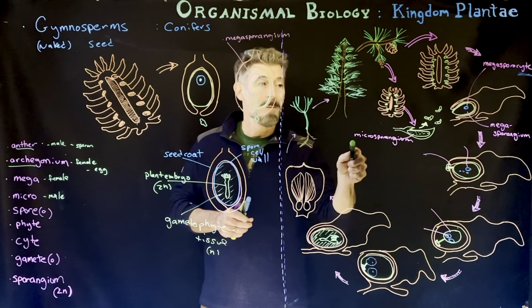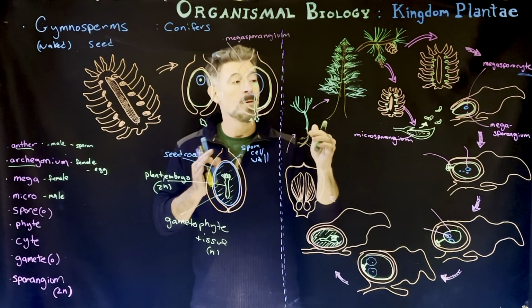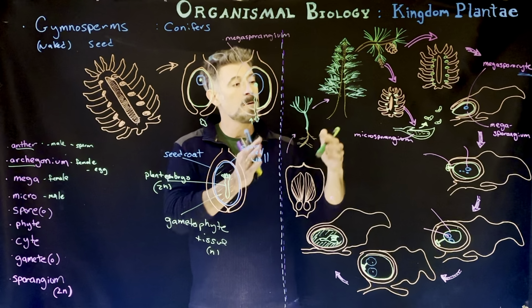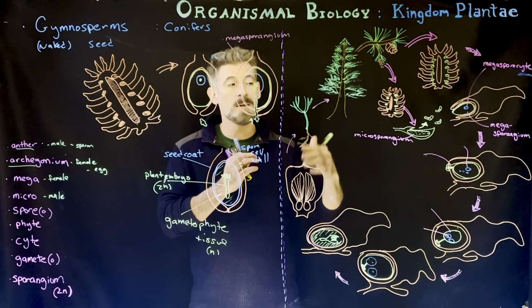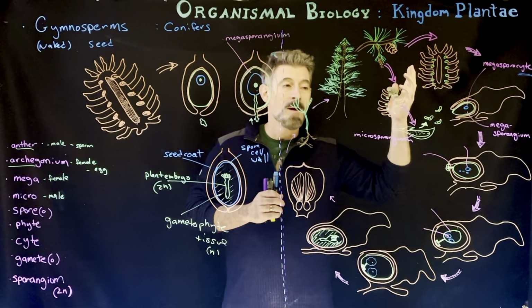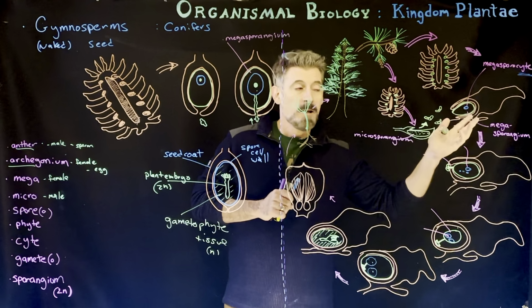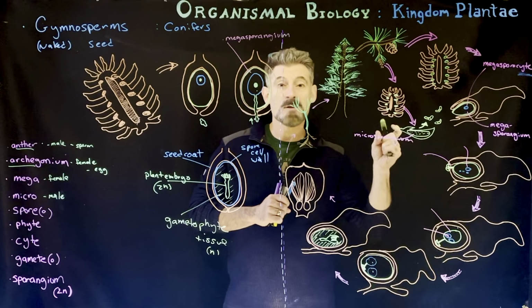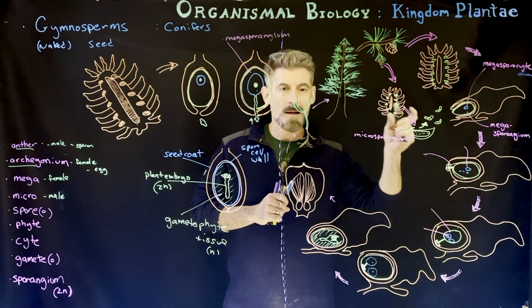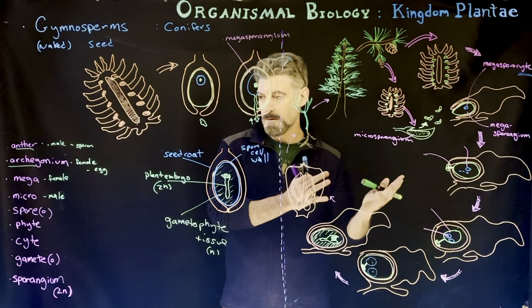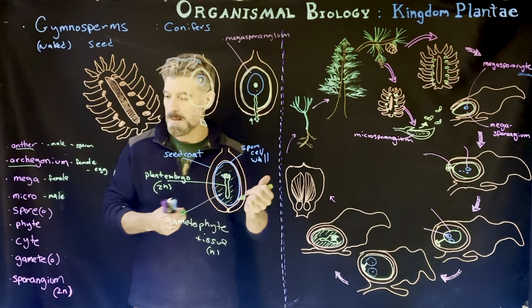So microspore or microsporocyte or microsporangium, all those terms are related to male structures, whereas megasporocyte, megasporangium, megaspore itself, those mega terms are all referring to female structures. So keep that in mind.